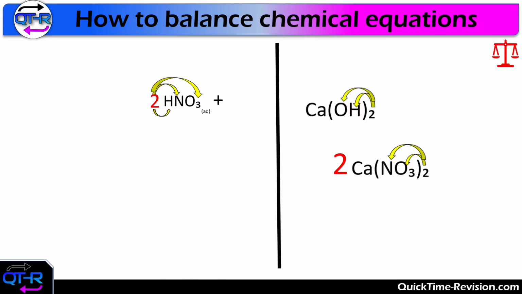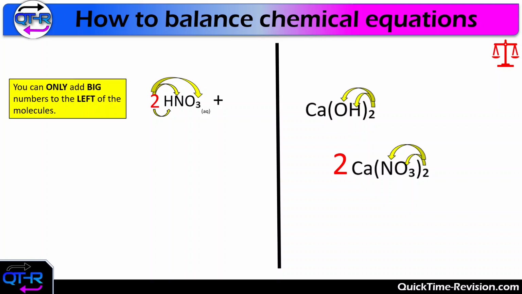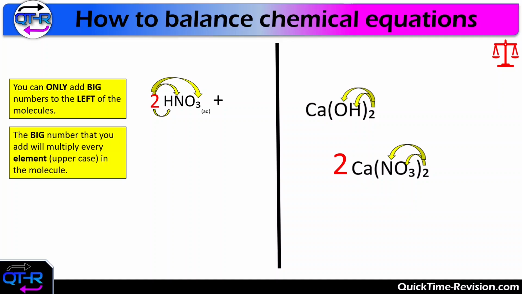Now, before we go, there are just a couple of general rules that you need to follow in regards to balancing equations. You can only add big numbers to the left of the molecule. The big numbers that you add will multiply every element in that molecule, in this case, hydrogen, nitrogen, and oxygen.